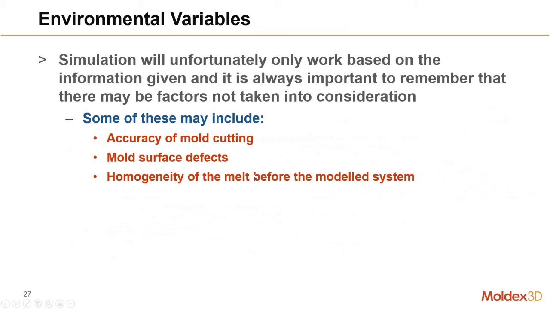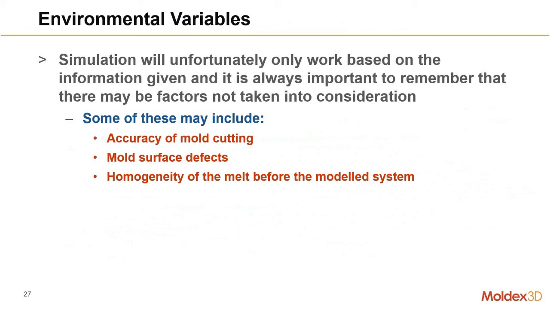The homogeneity of the melt before the modeled system. We always assume that the melt coming into the sprue is homogeneous, with one single temperature, one single viscosity, one single density.